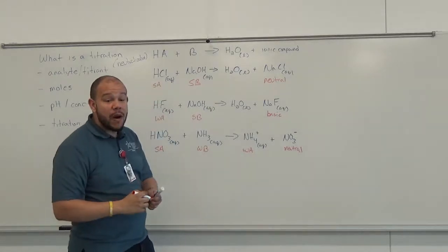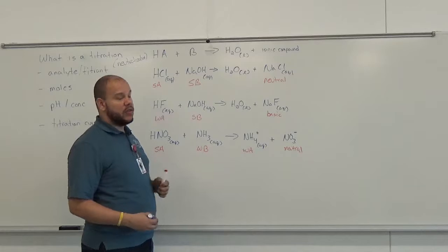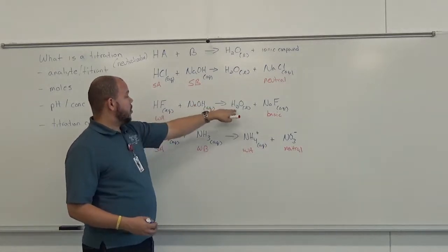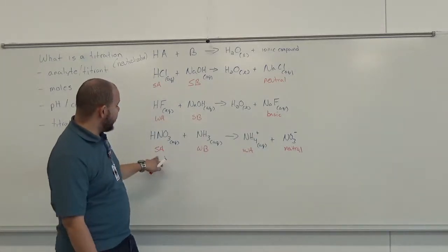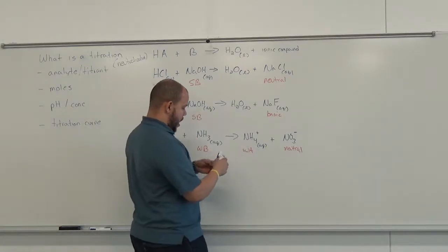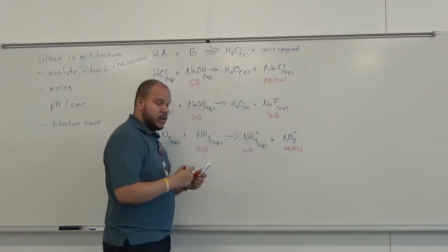Well, because fluoride is the conjugate of a weak acid, so it should act basic in solution. So we have an acid, base, a basic ion is formed here. Here we have an acid base, but an acidic ion is formed here. And more specifically, you can label this as a weak base, to be specific.